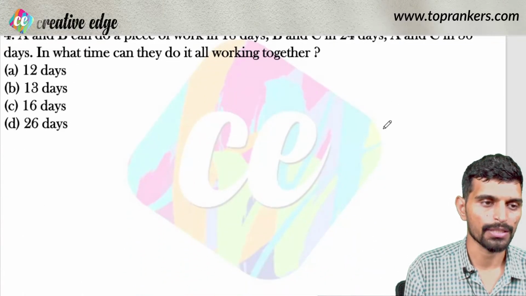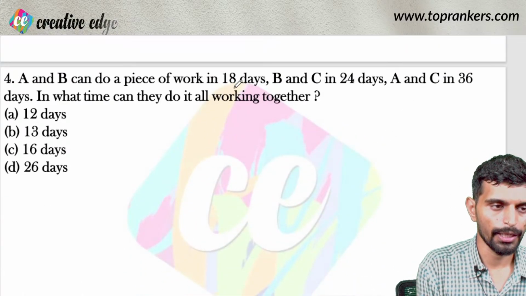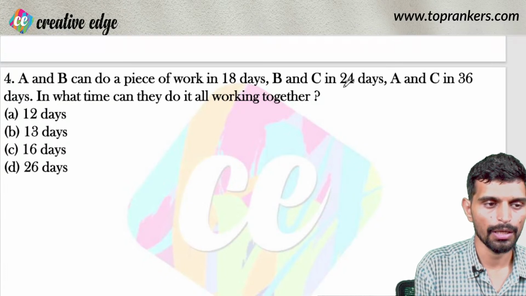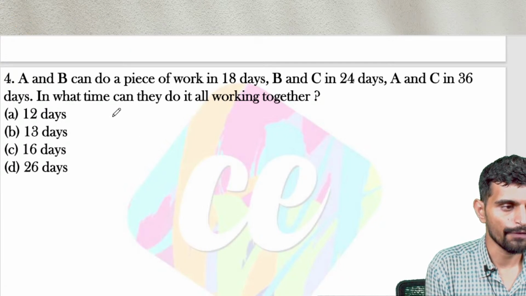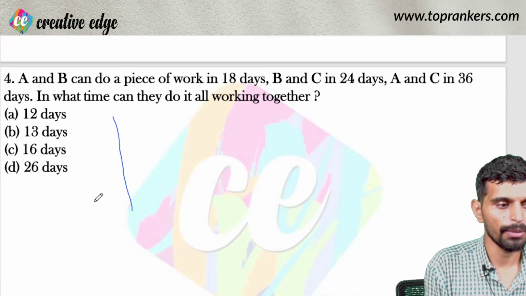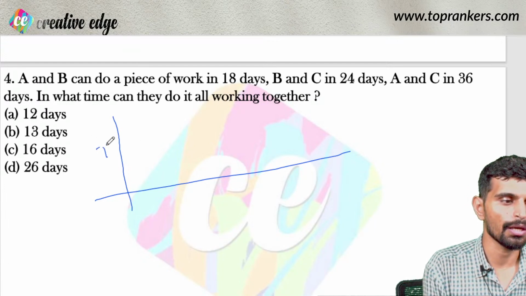Let's move to the next question. A and B can do a piece of work in 18 days, B and C in 24 days, A and C in 36 days. So we have three pairs, AB, BC and CA.